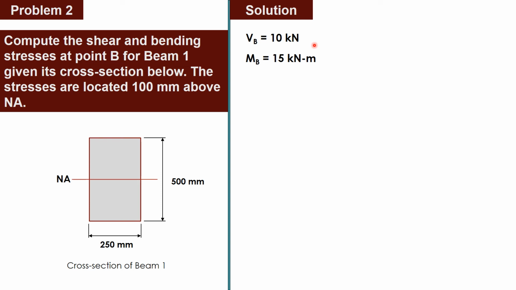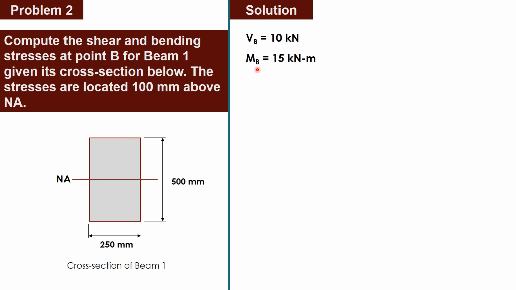Kasi, halimbawa, sa point B sa beam, may dalawang segment na nakakonect dito, isa sa left at sa right nito. So, kung lumabas sa shear diagram, merong shear value to the left of B, may shear value to the right of B, tapos magkaiba yung values nito, so you get the greater one.